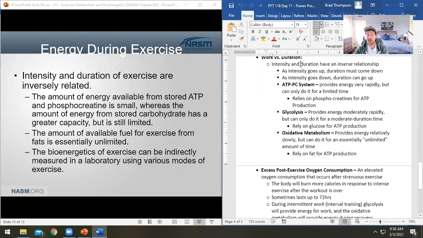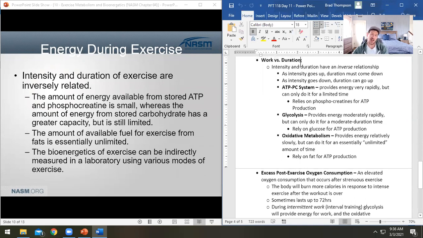And that is also why typically we associate long duration cardio with fat burning. But here's the thing, we're going to talk about this in just a second. Typically we associate long jogging, low intensity work with fat burning, right? And here, it's true.